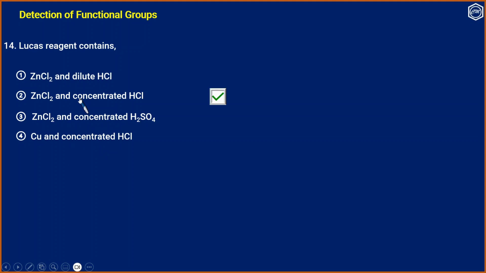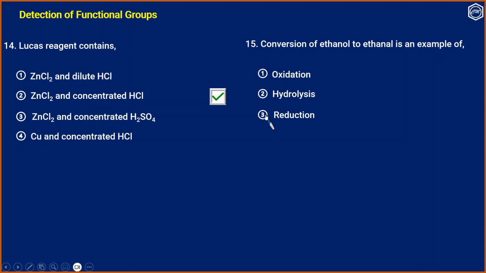So option 2 must be the answer. That is the correct answer. Question 15. Conversion of ethanol to ethanal is an example of oxidation, hydrolysis, reduction, rearrangement. And we know that it is oxidation. So option 1 is the correct answer.